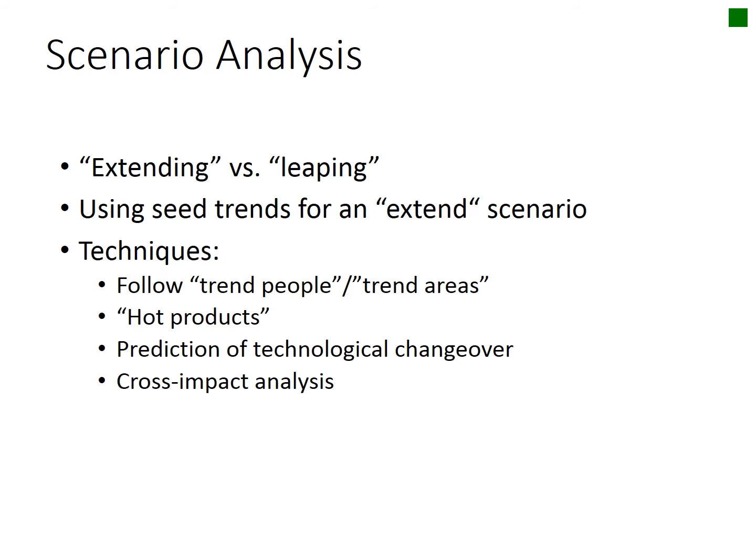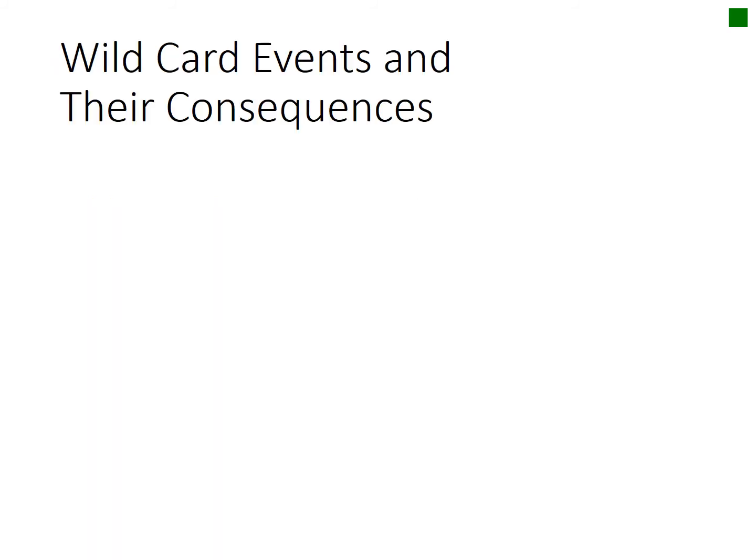An extension of scenario analysis includes wildcard events as well. A wildcard event is a precautionary practice where we might be running our company, and we say, look, what if some unforeseen catastrophic event happened? How would we react? How would we contain that?